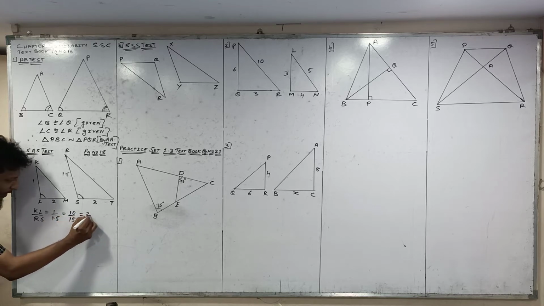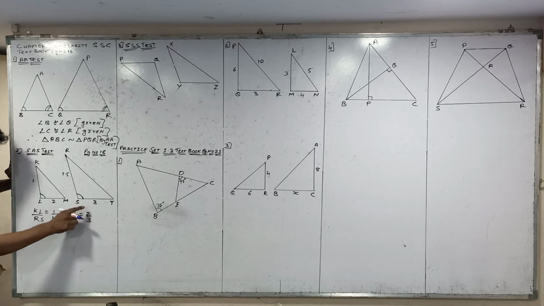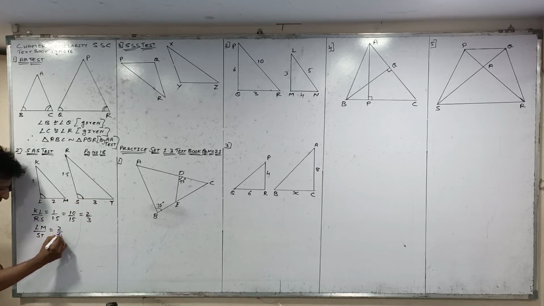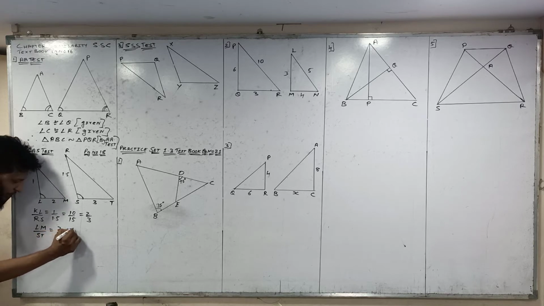Cancel by 5: 2 fives are 10, 3 fives are 15. So the proportion of KL upon RS after solving is 2 upon 3. And the proportion of LM upon ST is 2 upon 3, already given. So their proportions are equal.